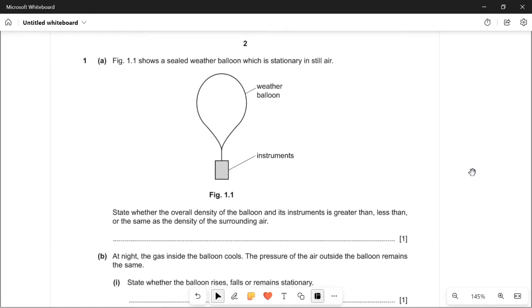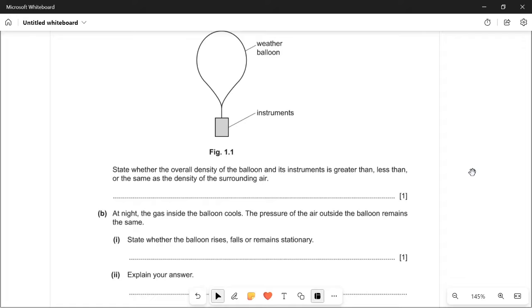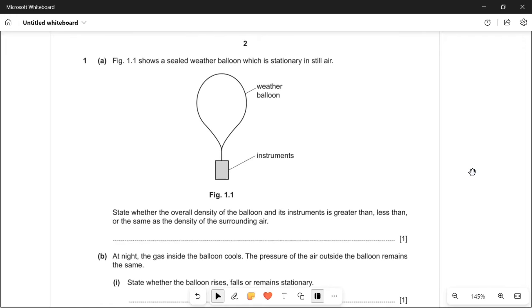Then this is our last question. Figure 1.1 shows a sealed weather balloon which is stationary in still air. State whether the overall density of the balloon and its instrument is greater than, less than, or the same as the density of the surrounding air.